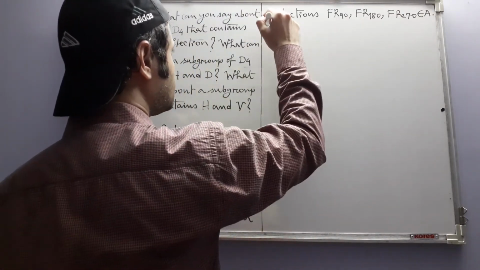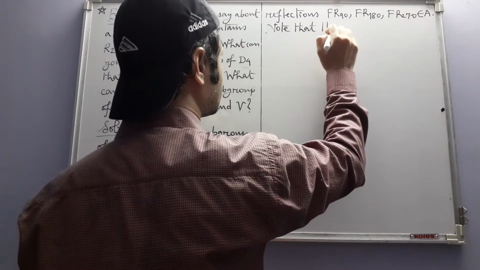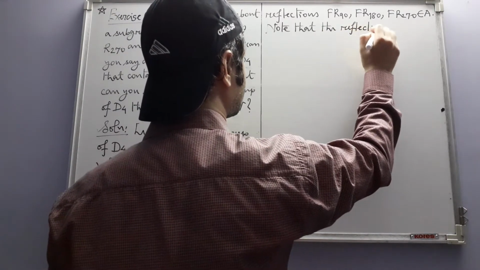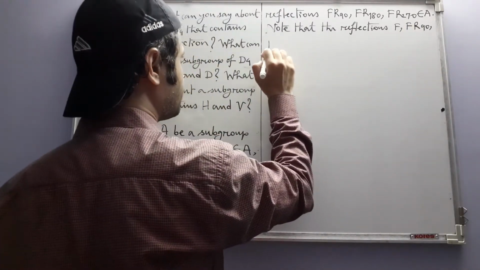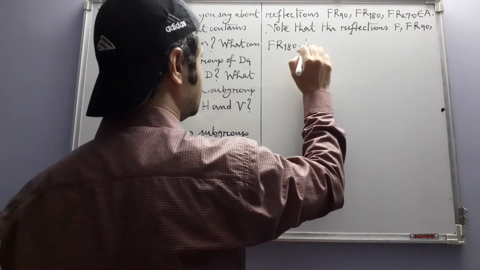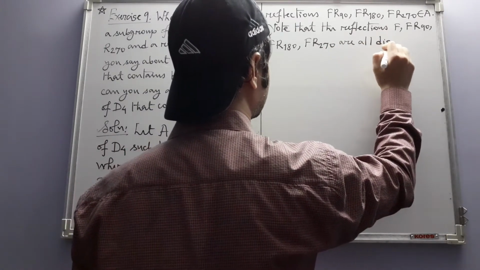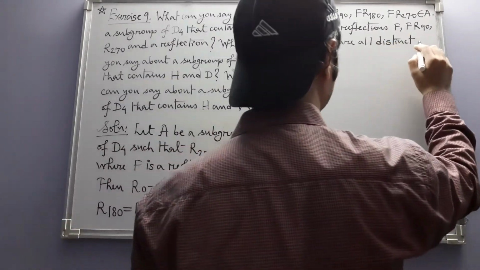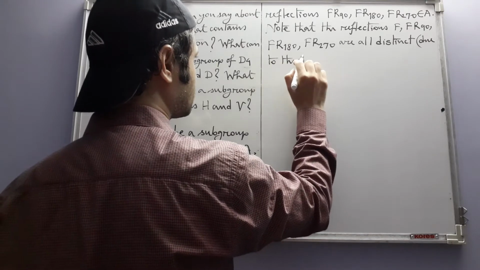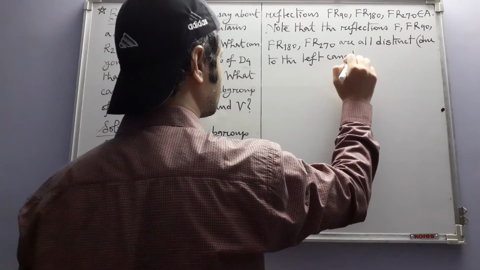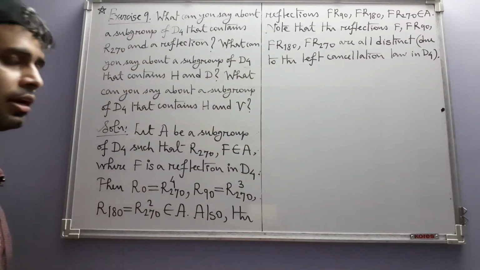What more is true? Note that the reflections FR90, FR180, FR270 are all distinct, due to the left cancellation law in D4.